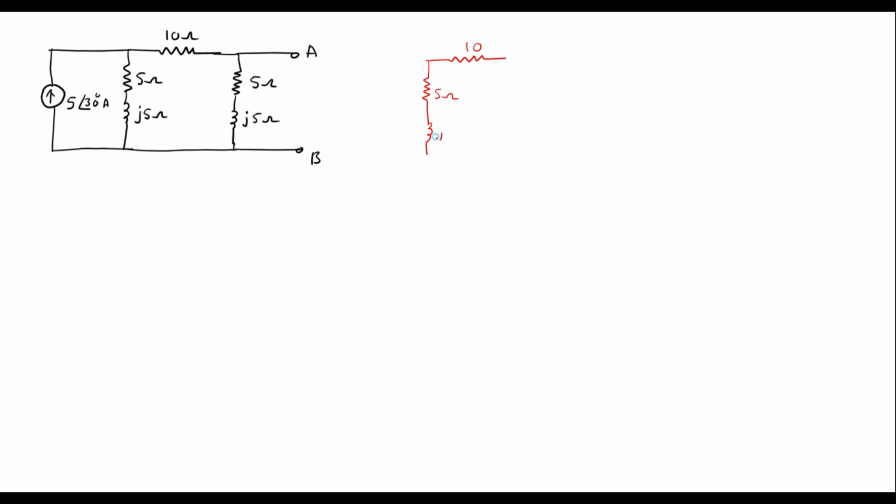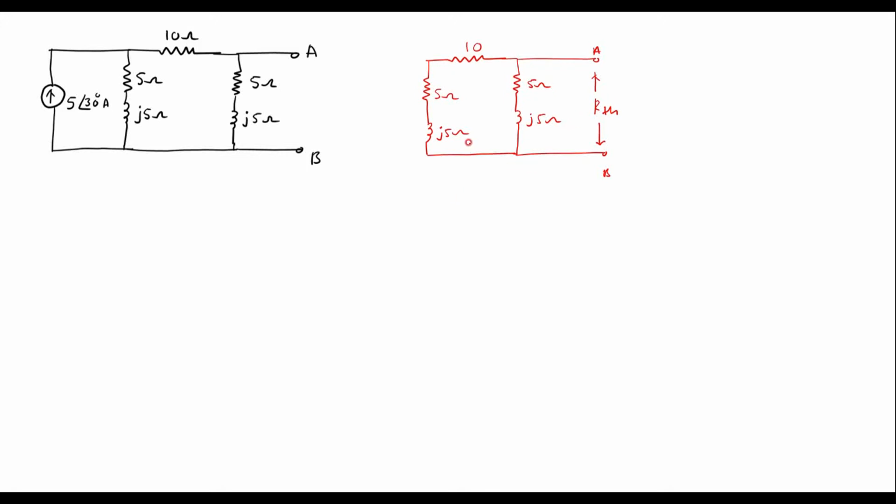This is 5 ohm, this is J5 ohm, and here we have another resistor and reactance, that is 5 ohm and J5 ohm. This is A terminal and this is B terminal. The equivalent resistance between these two terminals is RTH. So I made current source open.